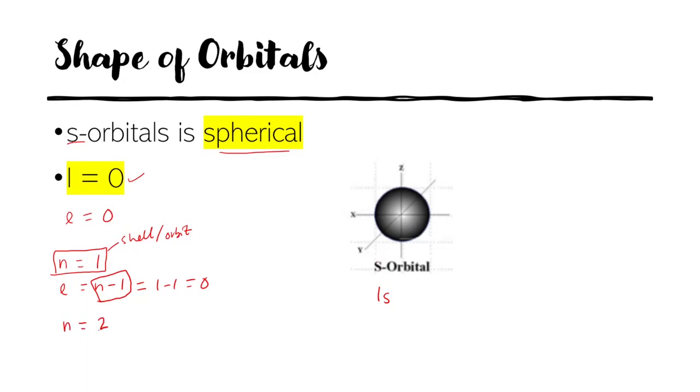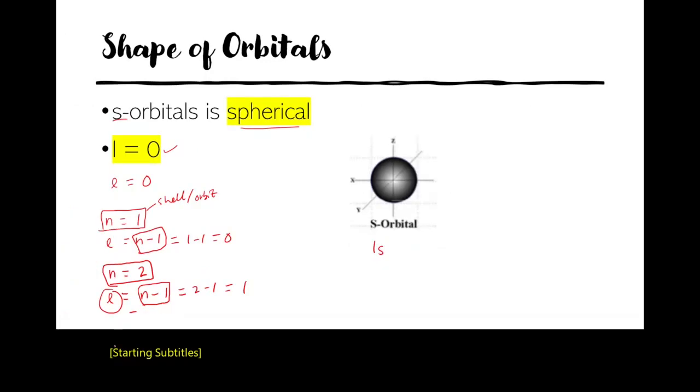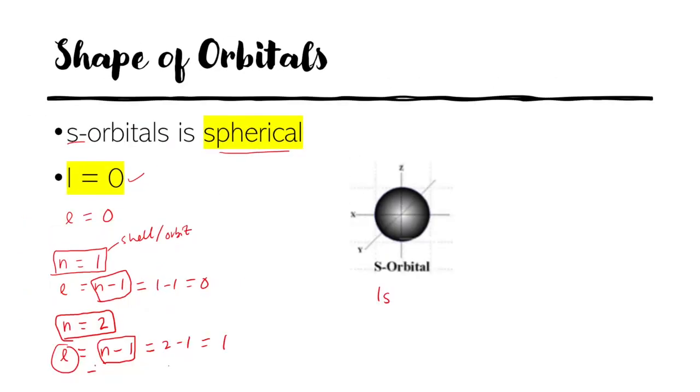When n equals to 2, you can get L equal to n minus 1, which you might think 2 minus 1 equals to 1, which is only 1, right? As I told you earlier, it is the maximum number. So when n equals to 2, L can be maximum 1, but it can also be 0.